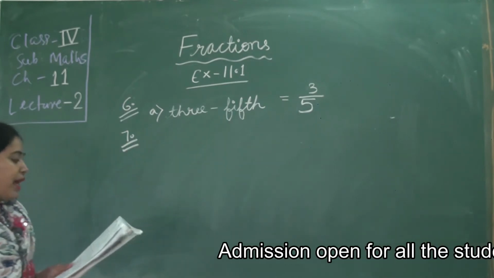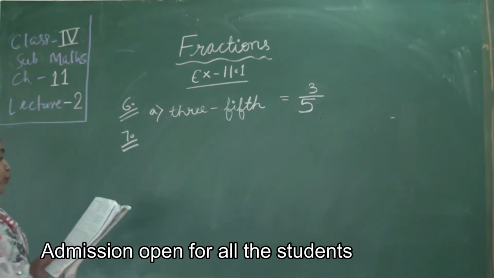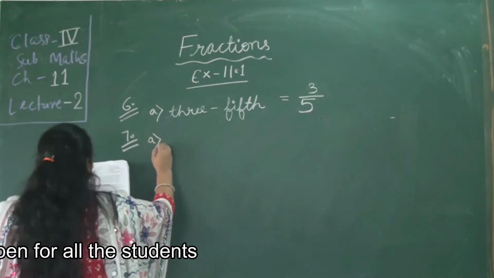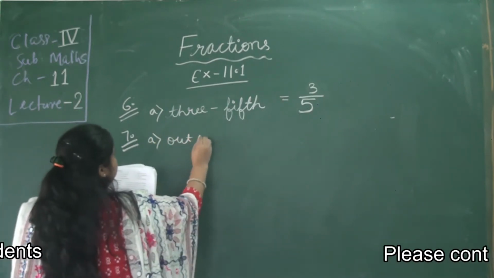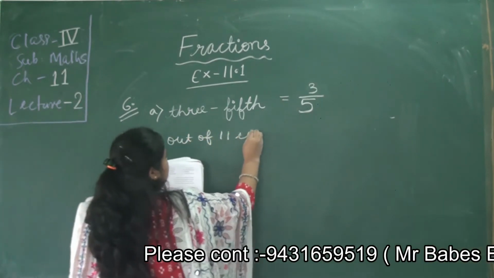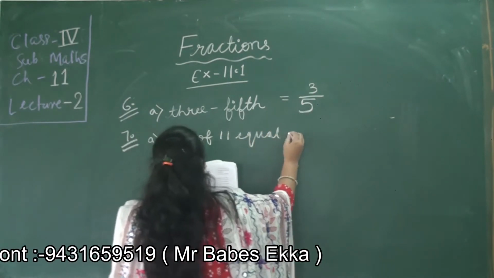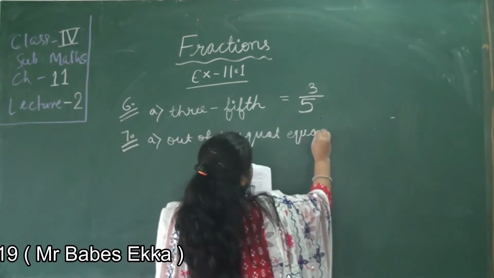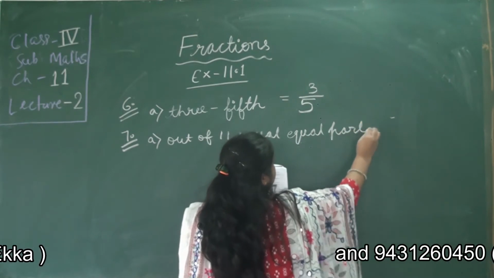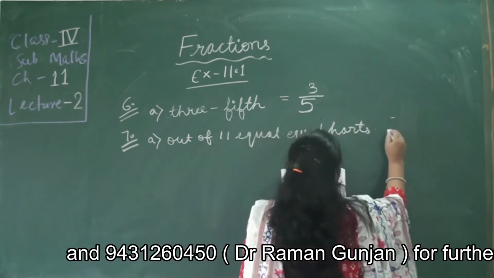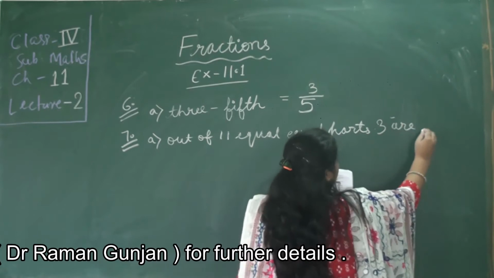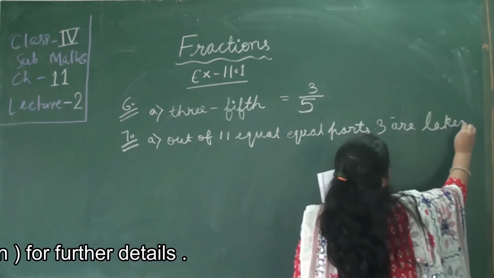Now question number 7. The question is to write as a fraction in your notebook: out of 11 equal parts, 3 are taken.